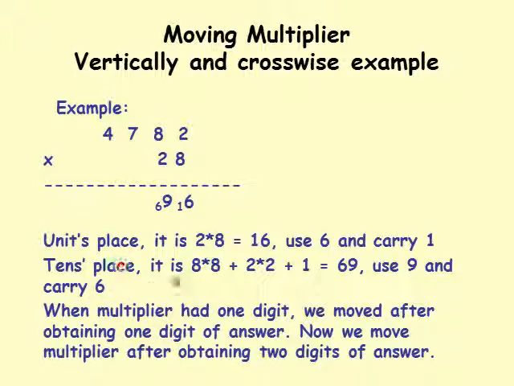When we have more than one digit as multiplier, we'll do vertically at the extremes, at the ends, and crosswise at all other places. Okay, let's continue. So this was crosswise. 8 times 8, 64 plus 4, 68 plus 1. So we got 9 as the answer in this position, and 6 is the number I need to remember for the next column.